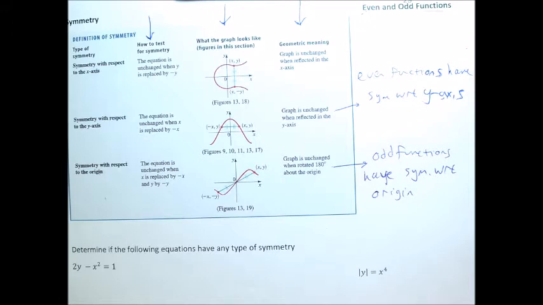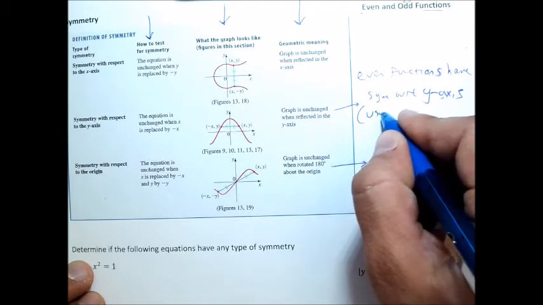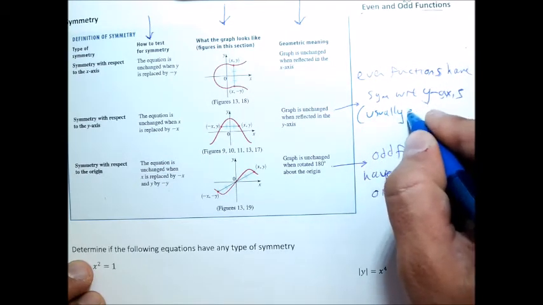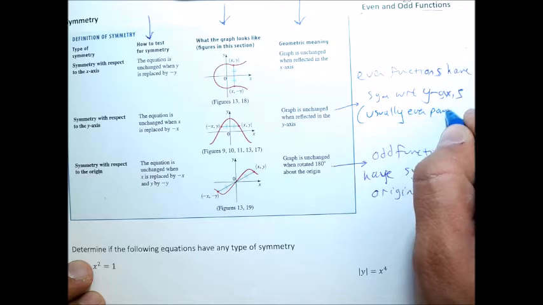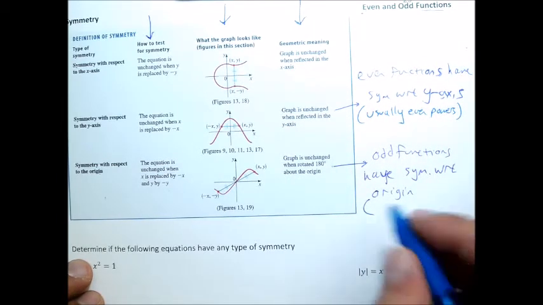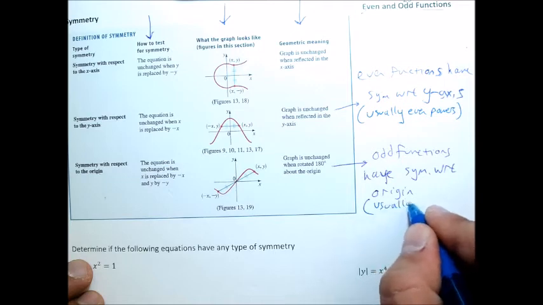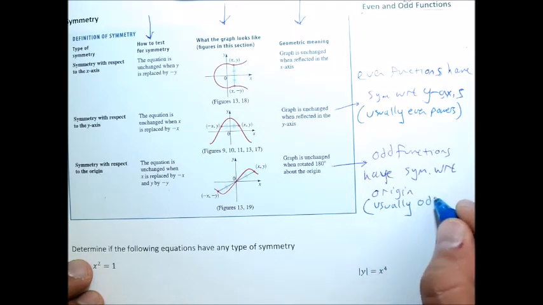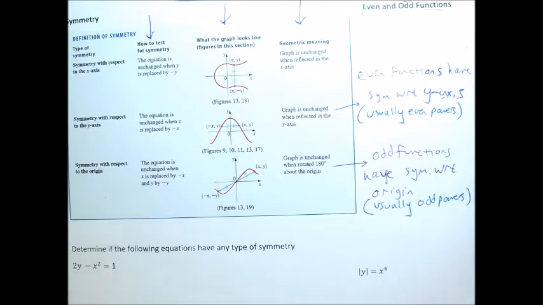And there's another reason they're called even and odd, which is that even functions usually have even powers and odd functions usually have odd powers. I'll say usually because it's not always the case. Let me rephrase that.